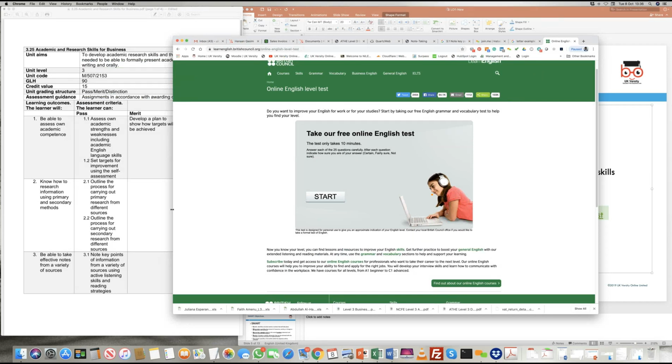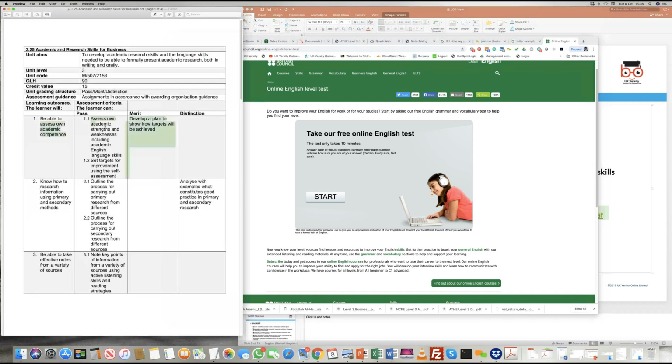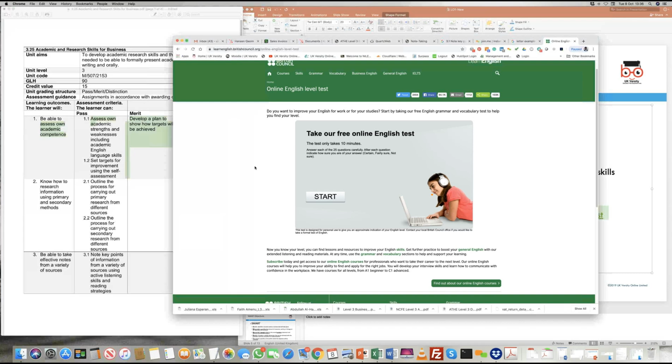And this is what you need to put as a screenshot in the first task, which is to assess your own strengths and weaknesses in English language skills. Is that okay? So did you take this test?